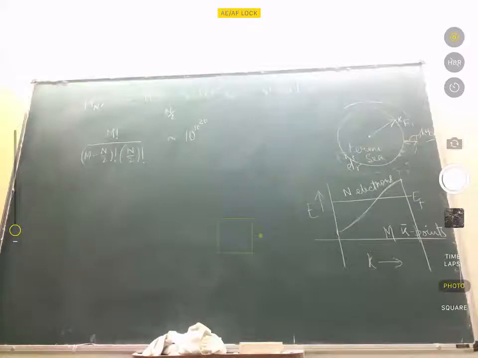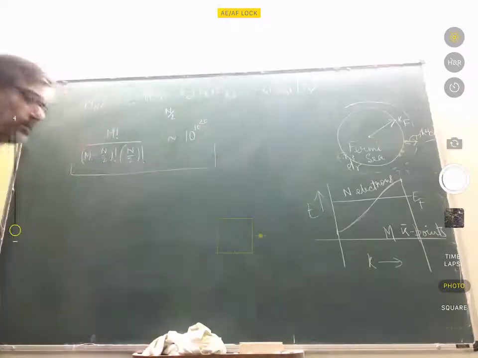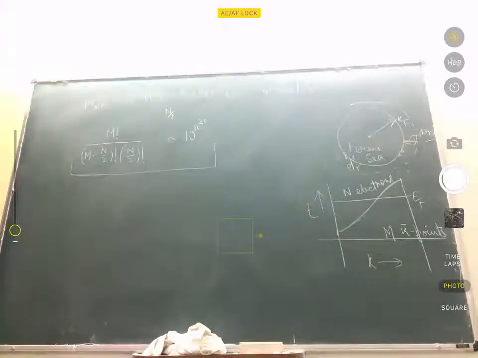What BCS did instead is to do away with writing this explicitly for a fixed number of electrons. So what they did was to work within the grand canonical ensemble, where the number of electrons is not fixed. But as we'll see subsequently, the way they constructed the wave function, the fluctuations in the electron number are rather small compared to the total number of electrons.